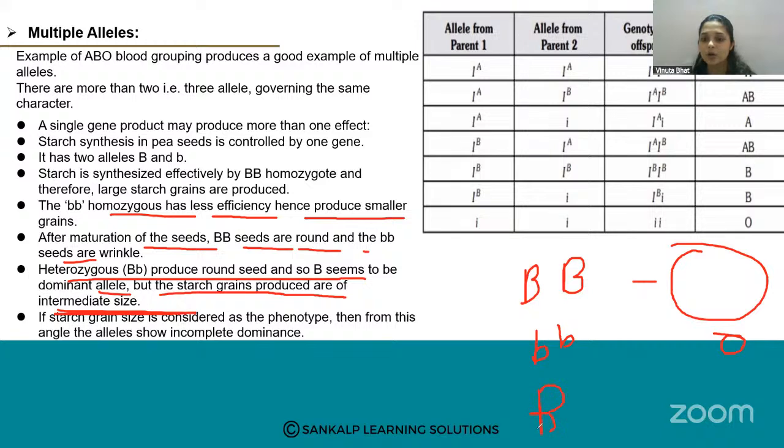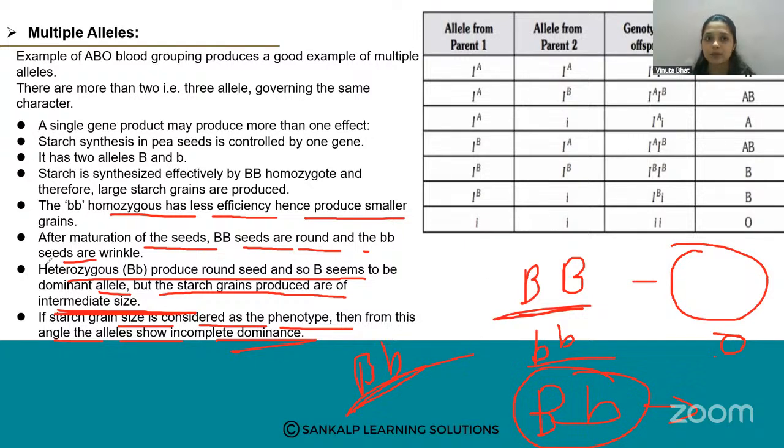Capital B had more starch, small b had less, but in case of capital B, small b, the starch is intermediate. If the starch grain size is considered as the phenotype, then from this angle, the alleles show incomplete dominance.